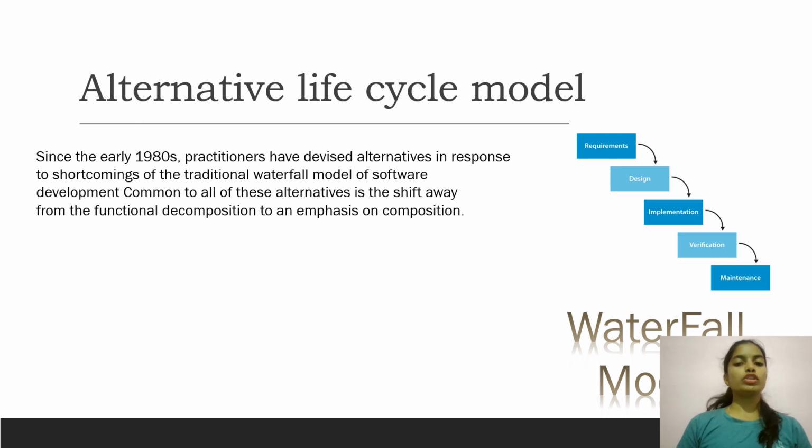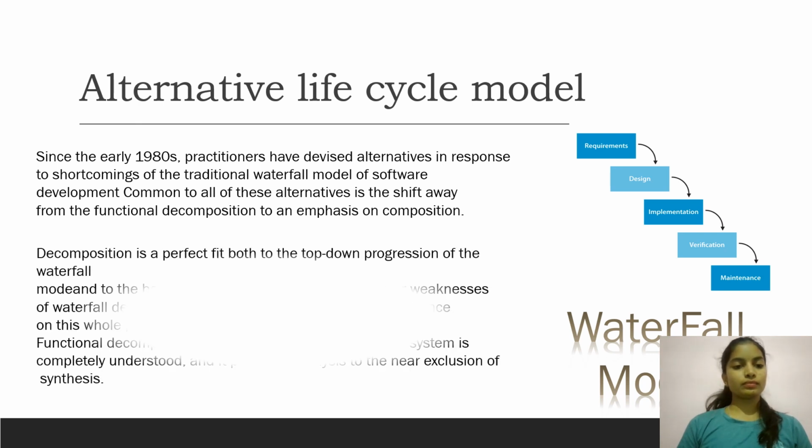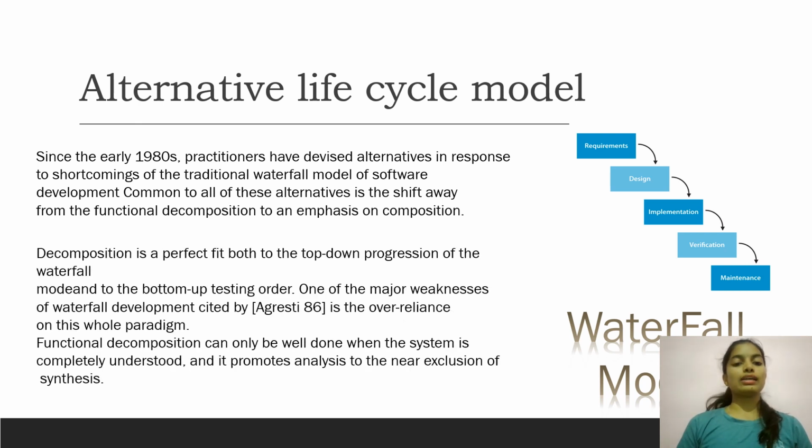Common to all of these alternatives is the shift away from functional decomposition to an emphasis on composition. Decomposition is a practice that fits both the top-down progression of the waterfall model and the bottom-up testing order.